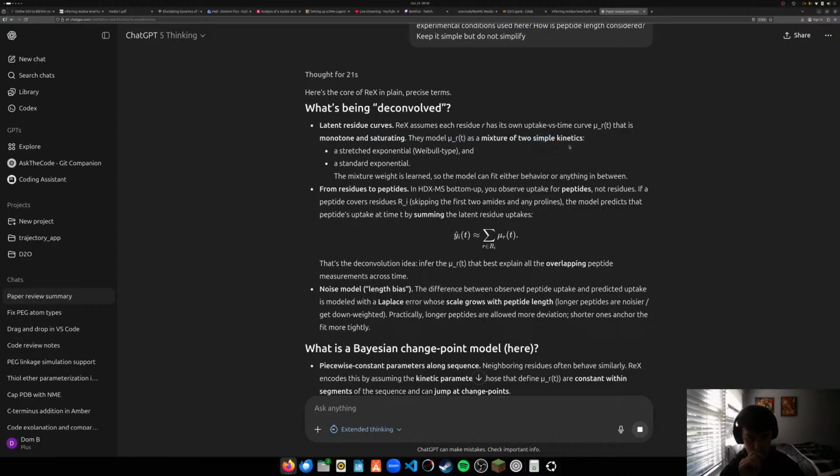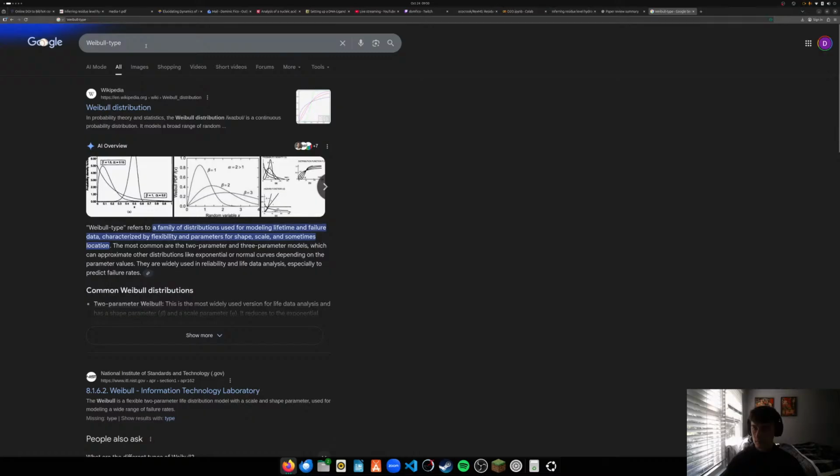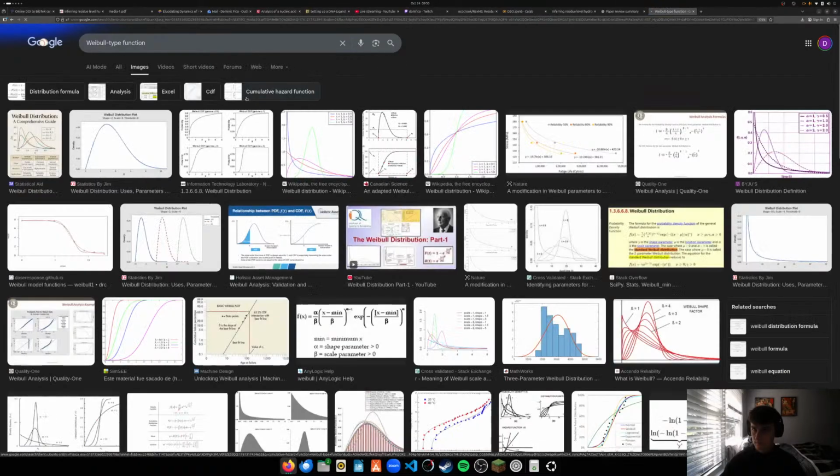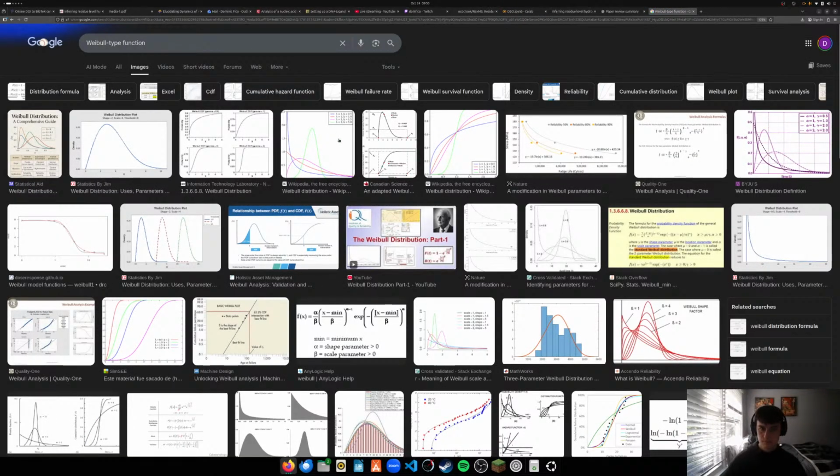They model it as a mixture of two simple kinetics, stretched exponential, Weibull type. I don't know what that is.